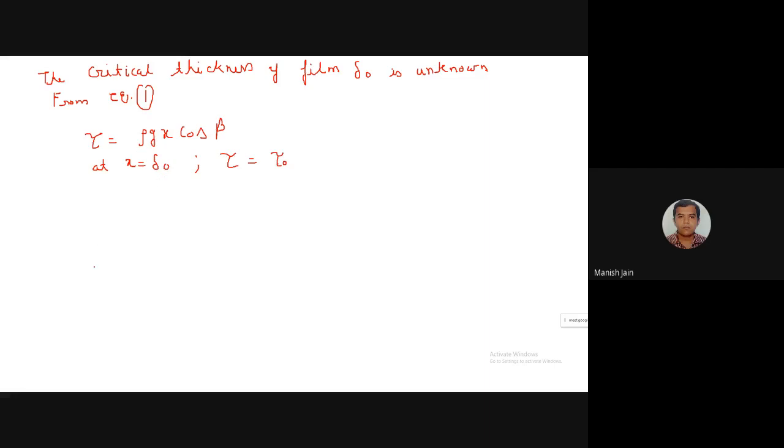Rho, g, cos beta, these are all properties of the material or the system that will be given to you. Okay, so tau naught equal to rho g del naught cos beta. So just rearrange this equation, you will get the value of del naught. Del naught equal to tau naught divided by rho g cos beta.